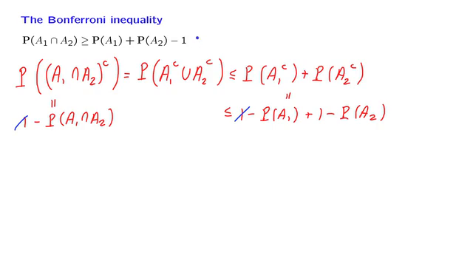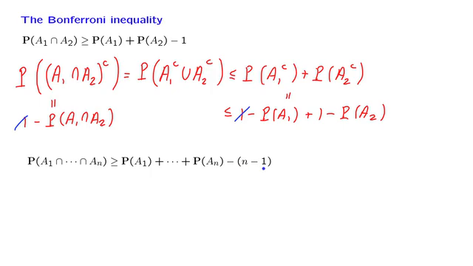It turns out that this inequality has a generalization to the case where we take the intersection of n events. And this has again the same intuitive content. Suppose that each one of these events, A1 up to An, is almost certain to occur. That is, it has a probability close to 1. In that case, this term will be close to n.